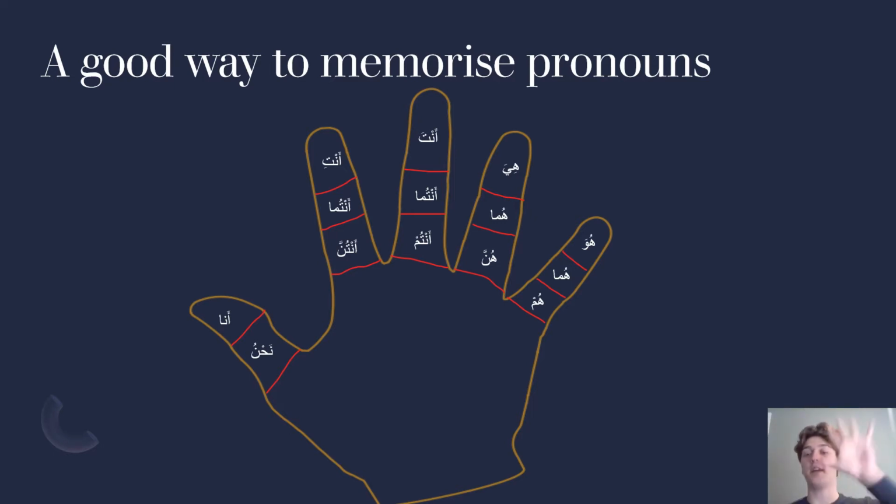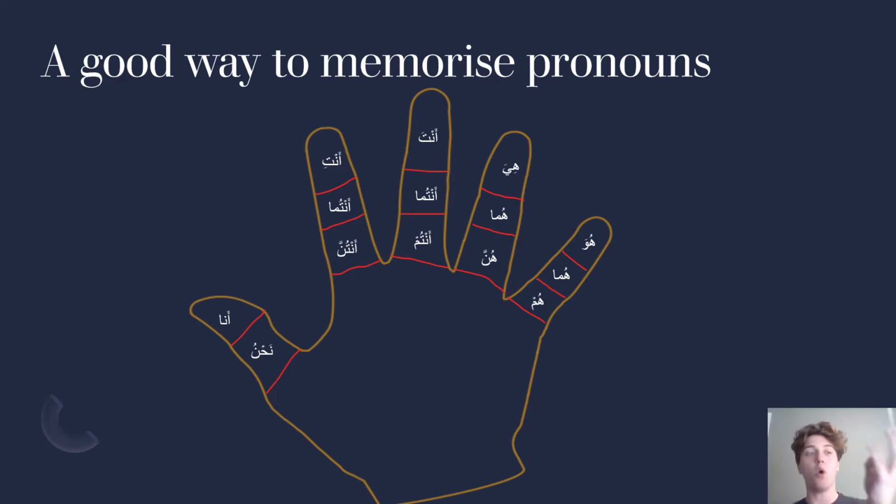So if you get your left hand and you turn it to face you, then every part of your finger represents a pronoun, and it starts with the masculine, masculine, feminine, masculine, feminine, and then ana nahnu, which are the first person.